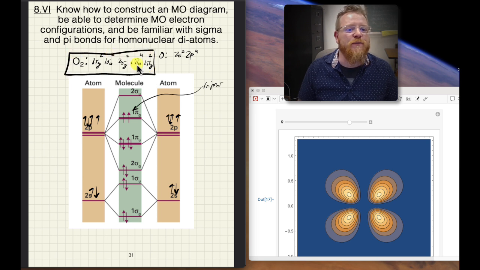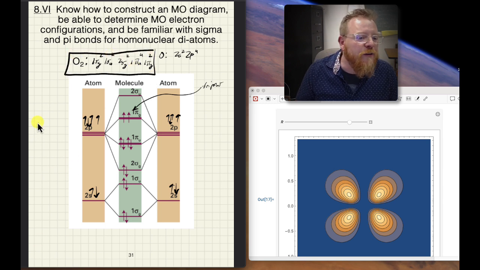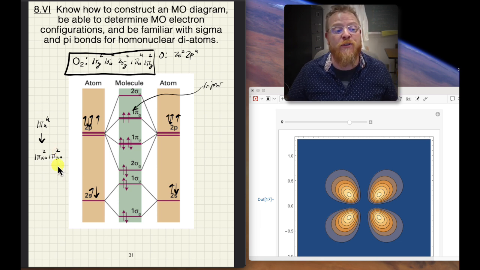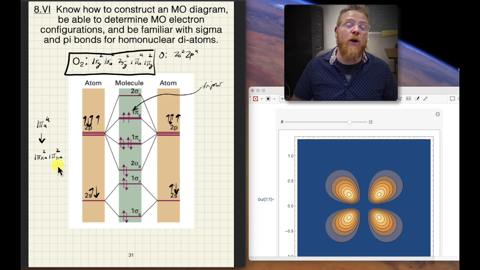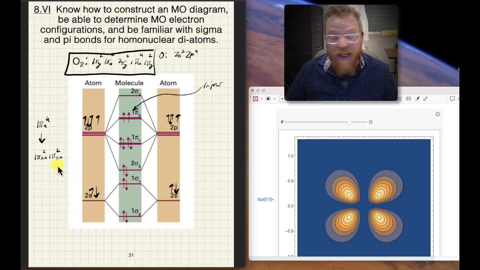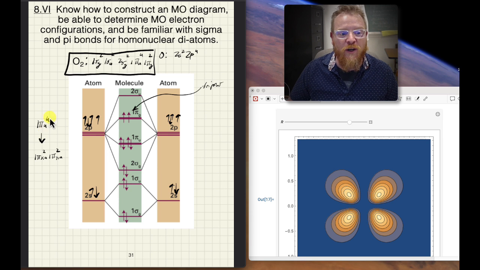We could have even specified, for example, instead of 1 pi u4, we could have written 1 pi xu2 and 1 pi yu2. We could have broken those up into the x's and y's. When we go to do molecular term symbols, we'll see that it's important to recognize that those 4 electrons are really distributed over the pi x and pi y.